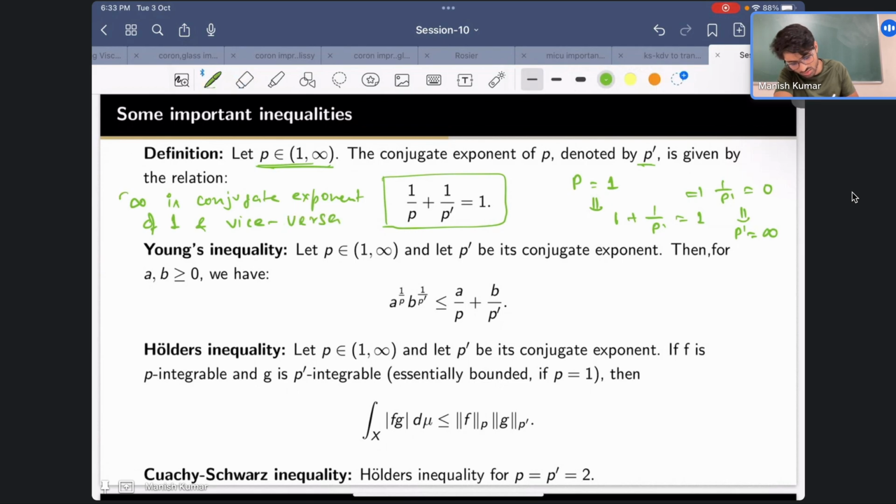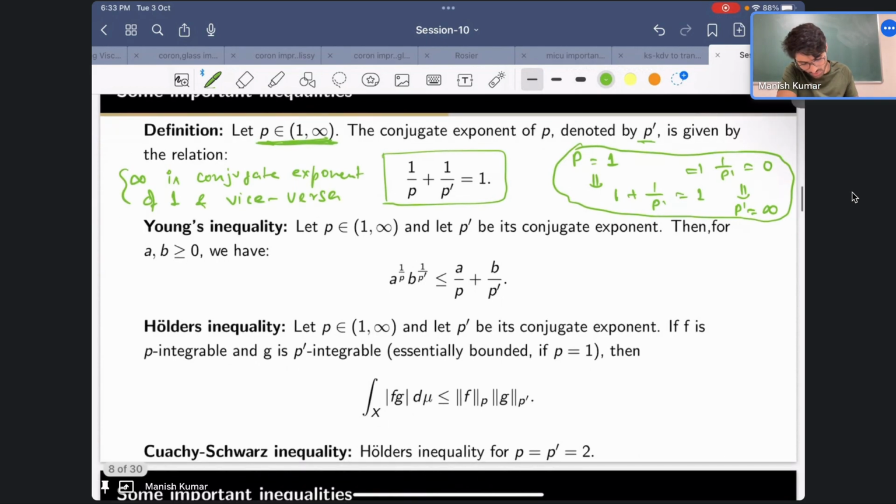I forgot to write it here. So we defined it for p between 1 and infinity, and for p equal to 1 or p equal to infinity, you have infinity and 1 as the conjugate exponents. This is the vague explanation I can give. So this is what we mean by conjugate exponent.